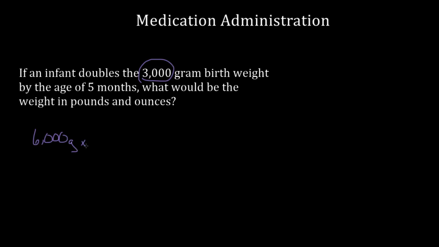So I do know that first I have to convert this to kilograms, so I'm going to put grams down the bottom. There is 1,000 grams per 1 kilogram. And then I'm going to go ahead and do my second conversion because I want to go into pounds. So in 1 kilogram there is 2.2 pounds.